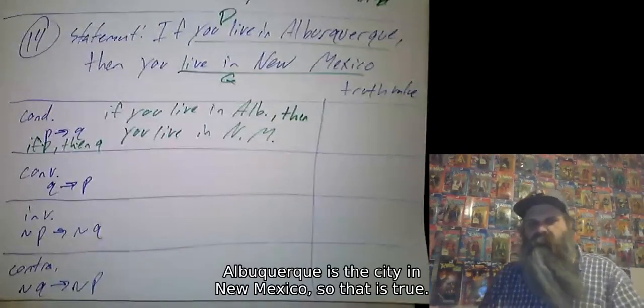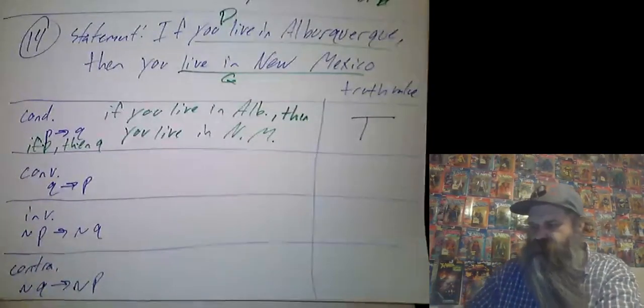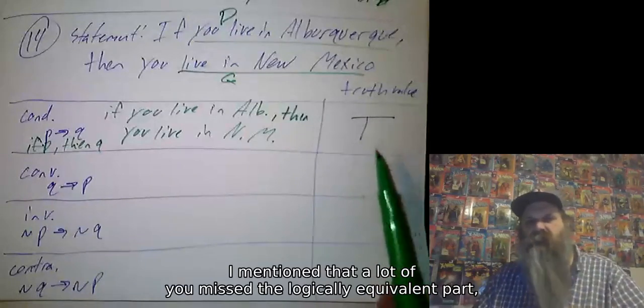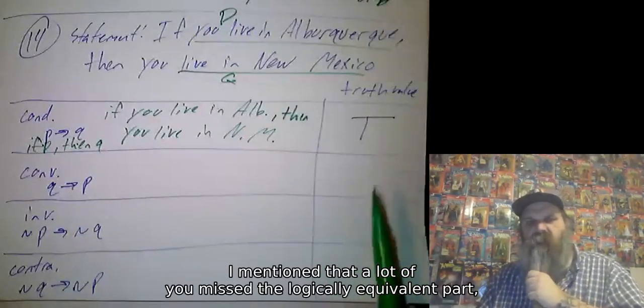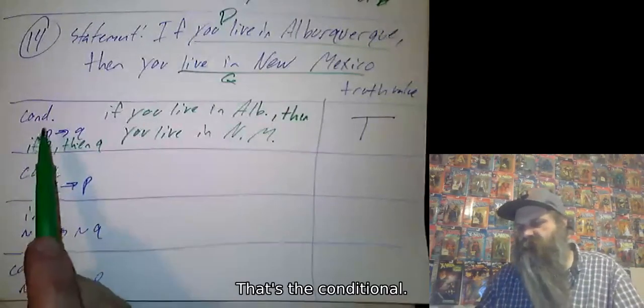Albuquerque is a city in New Mexico, so that is true. Also, on one of the assignments you turned in, I mentioned that a lot of you missed the logically equivalent part, so we'll talk about that as we go.